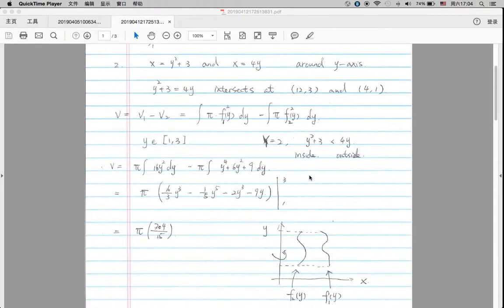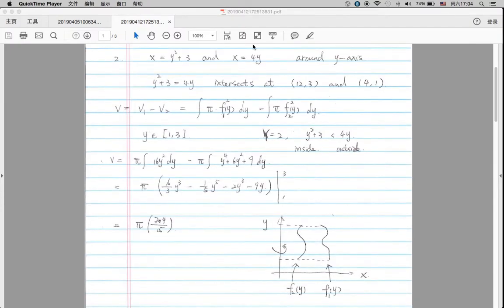Let's say in our second example, we have two functions here, and we are revolving around the y-axis. You can think in this situation that both lines are revolving around the y-axis, creating a shape that is something like a donut, where it is empty in the middle, but the volume is solid wherever it is between these two lines.